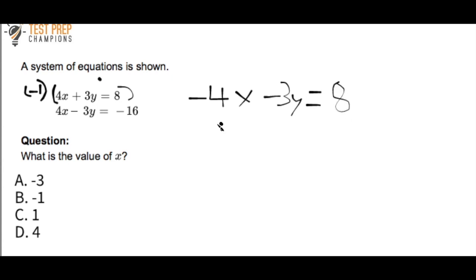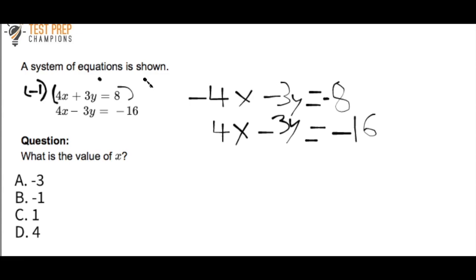And then in the second equation, I have 4x minus 3y equals 16. Why did I leave this as 8? This is going to be negative 8, because every single term here gets multiplied by negative 1. I left the second equation as it is, but in the first equation I multiplied everything by negative 1.